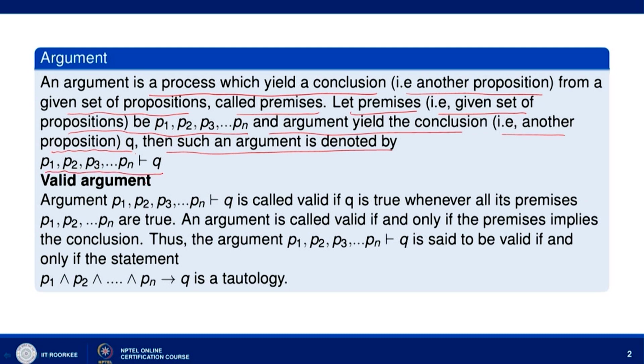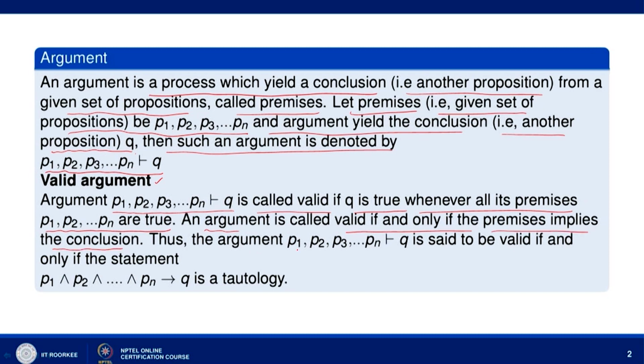Now, when will we call the argument to be valid? Argument P1, P2, P3, Pn gives Q is called valid if Q is true whenever all its premises P1, P2, P3 are true. An argument is called valid if and only if the premises imply the conclusion.